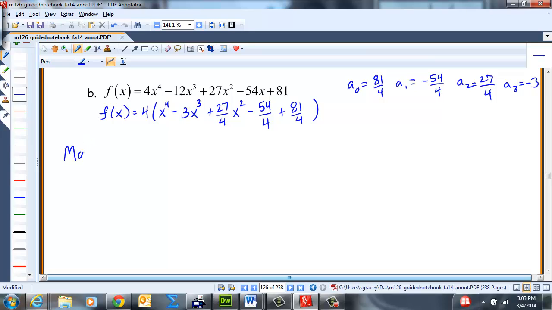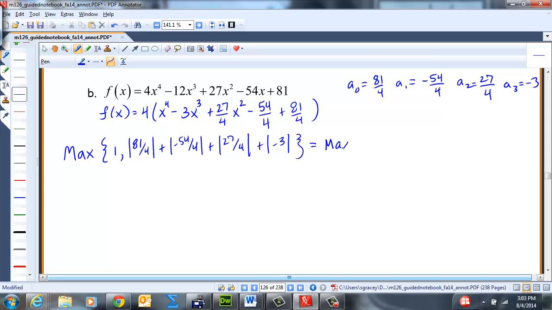So the maximum of 1 and the sum of the absolute values of these will be absolute 81/4 plus absolute negative 54/4 plus absolute value of 27/4 plus the absolute value of negative 3 will give us the maximum of 1 or, so let's see, 81/4 plus 54/4 plus 27/4 plus 3 will give us, let's see, 135/4 from the first two, 162/4 adding the second one.